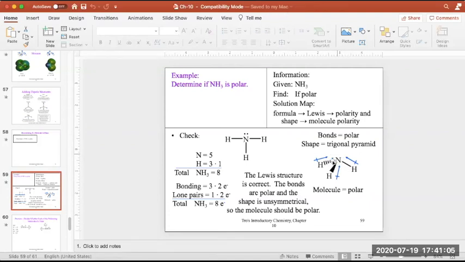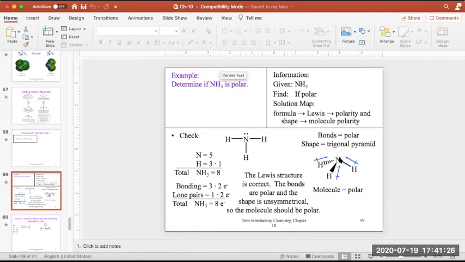Because nitrogen has a bigger electronegativity number and hydrogen has a smaller one. If you subtract, you will get some number that you need to compare with the scale, like we already did, right? And then once you figure out the bonds are polar, the second condition is to figure out whether you have a dipole moment or not.